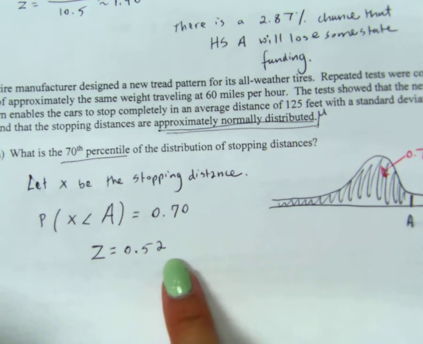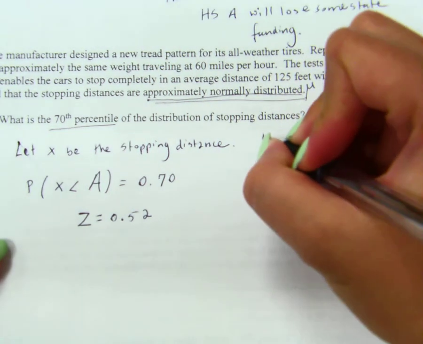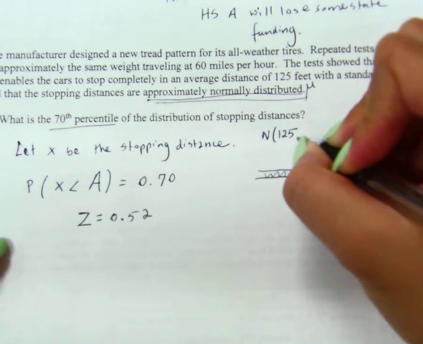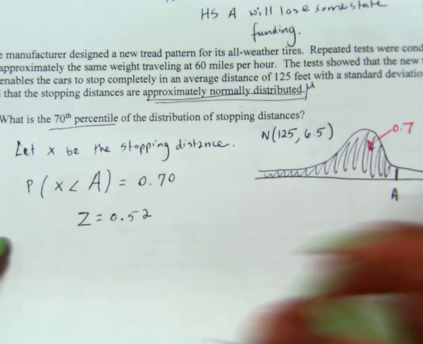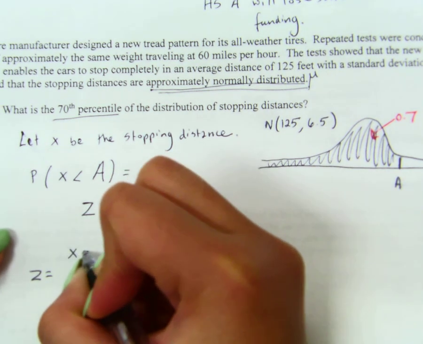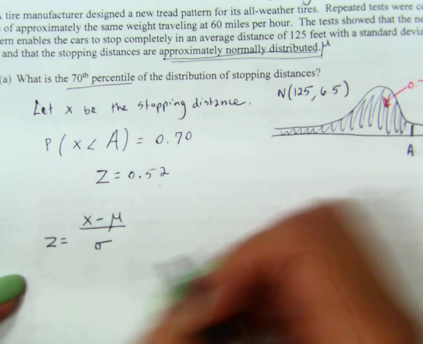Okay, now I'm going to go ahead and just do some algebra. Right, so we have a normal model, so let me explicitly write this out. Its mean is 125, our standard deviation is 6.5. Okay, so I have my z-score, here's my z-score formula. Z is equal to the observation minus the mean over the standard deviation. Then we just plug in the stuff I know.